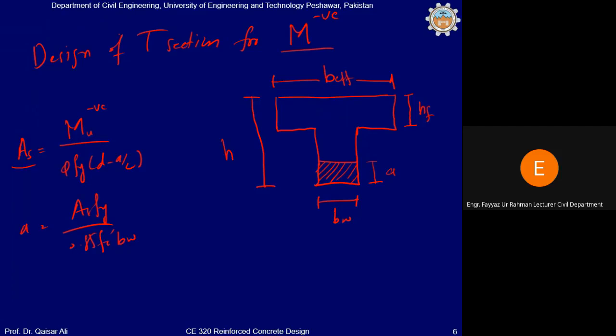So there will be no difference between the design of this beam for negative bending moment and design of a rectangular beam, because you can see that the shape of the compression block is a rectangle.